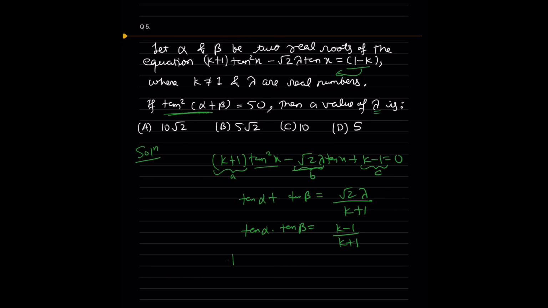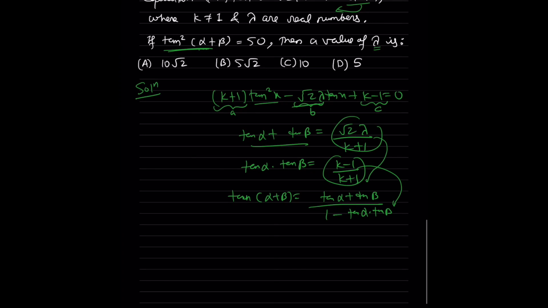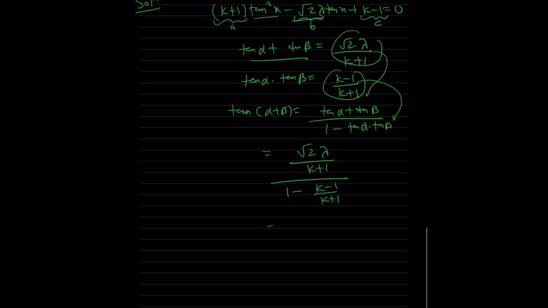So I'll apply the formula tan of alpha plus beta is equal to tan alpha plus tan beta upon 1 minus tan alpha into tan beta. I'll put those values over here, tan alpha plus tan beta in the numerator, and use the product value in the denominator. So this term will become root 2 lambda upon k plus 1, whole divided by 1 minus (k minus 1 upon k plus 1). Now we'll try to simplify this expression.